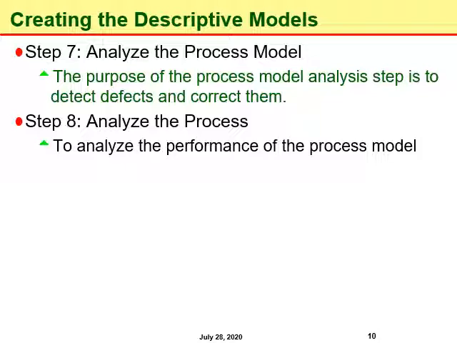Then the final step of descriptive process modeling is to perform process analysis. That is, to use the process model to track or analyze the process performance depending on the process modeling objectives that were stated in the first step. So the resulting data can be used for quantitative or qualitative analysis.